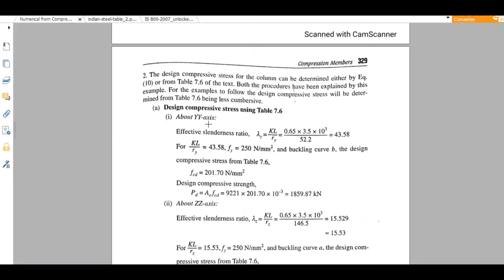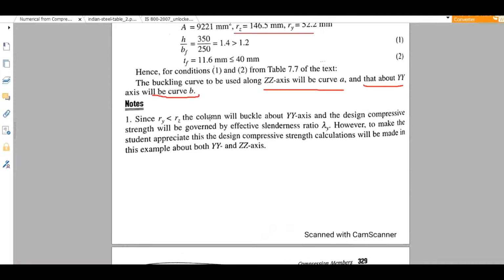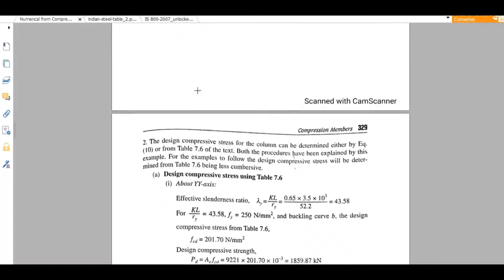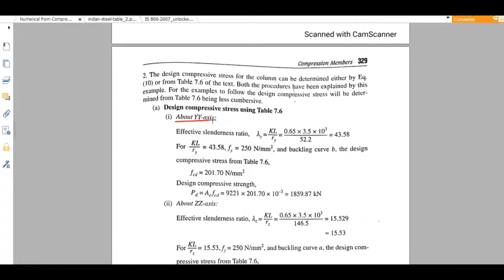Okay. So for the z axis, the curve will be A. About the y axis, the buckling curve will be B, and we are finding the strength about the y axis.